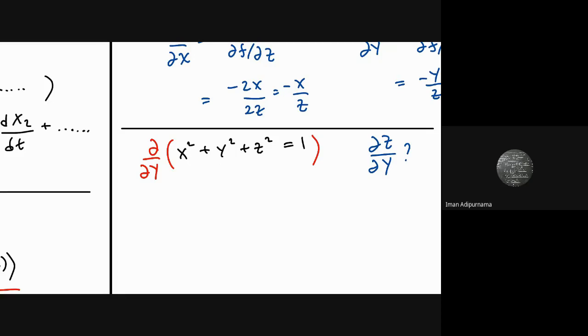But whenever you find x, for example, you can differentiate x to x, but write dou x dou y plus 2y plus 2z dou z dou y equals 0.